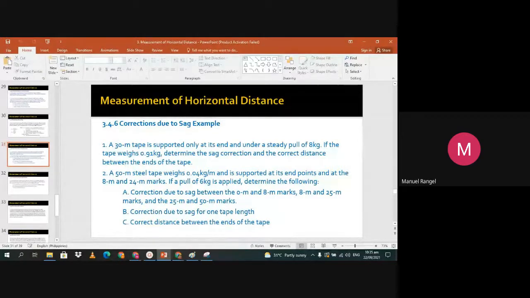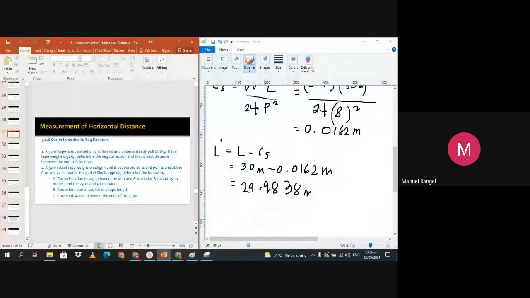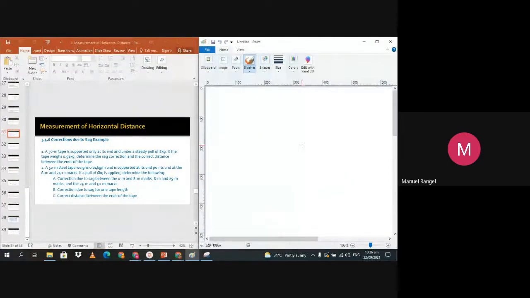Okay, so let's apply. Dito na ito itong mga given. So, 50 meters. Small w or big W?